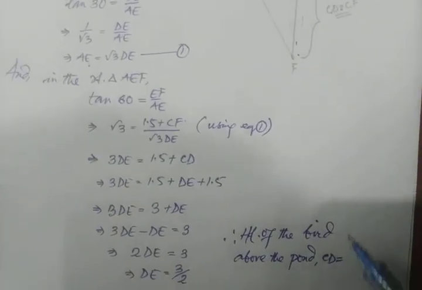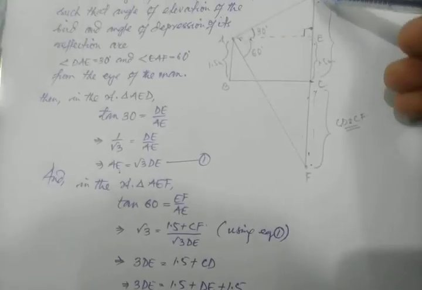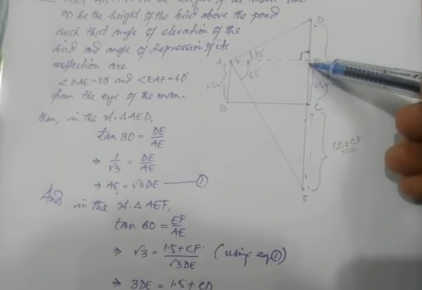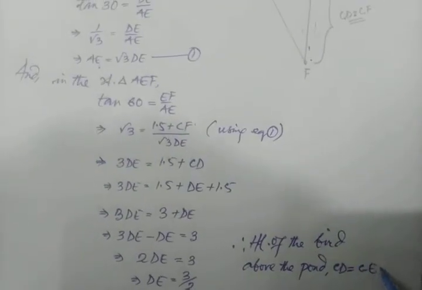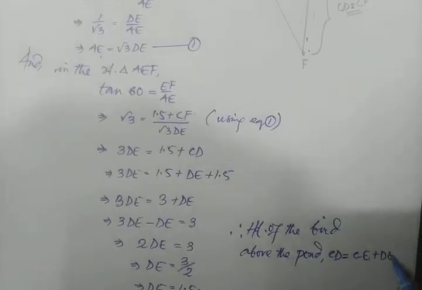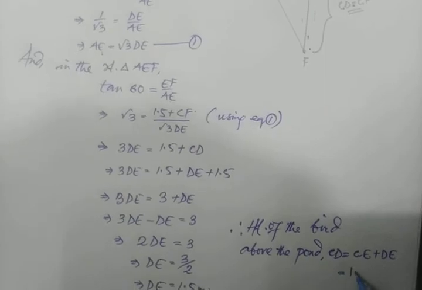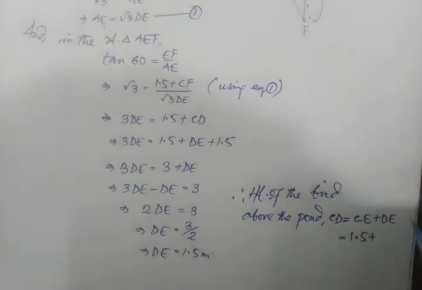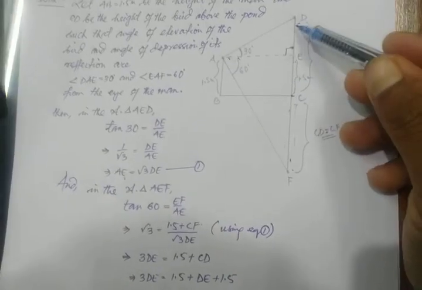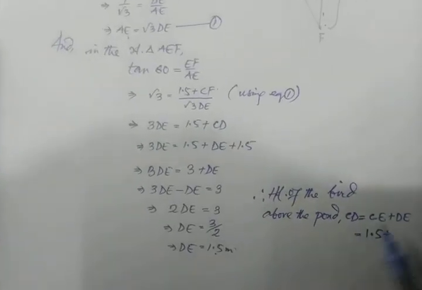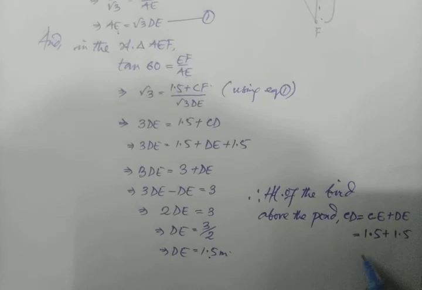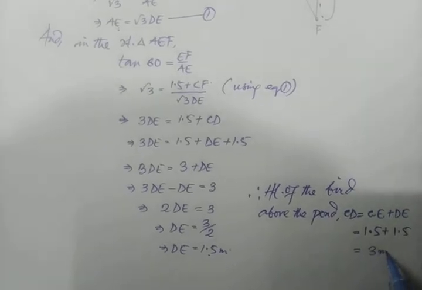And looking at the figure, CD means CE plus DE. CE is 1.5, and DE, let's see the result we got here, 1.5 again. That gives 3 meter.